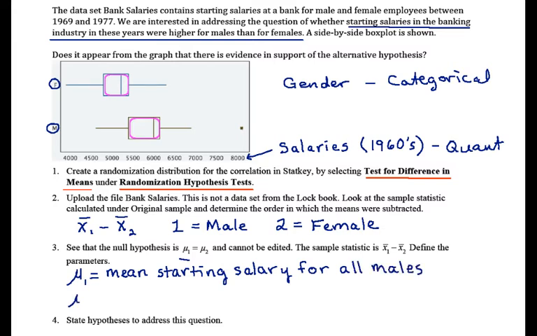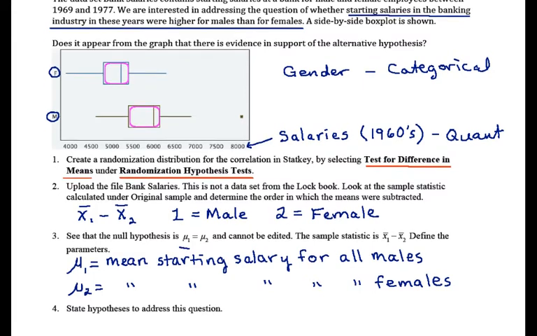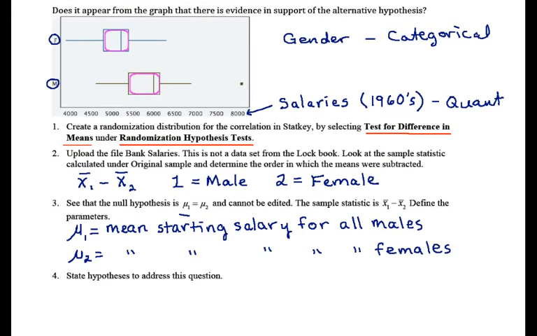And mu2 is the same, I'll use ditto marks here, except for all females. But we do need to make sure we know which set is number 1 and which set is number 2 before we get to this stage. Otherwise it gets very confusing trying to figure out whether we want a right tail or a left tail.